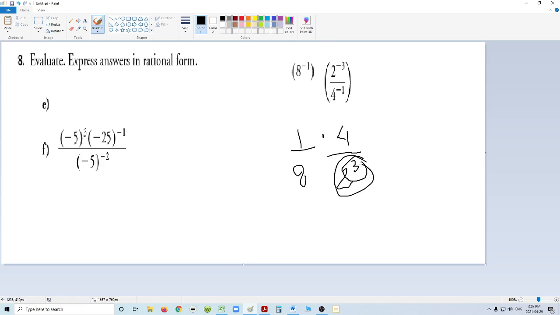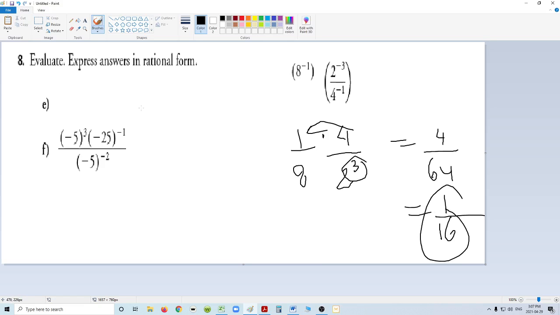You can either convert this to 8 or convert that to a power of 2, but let's just leave it like it is. 4 up top when it multiplies, and 8 times 8 is 64. They're both divisible by 4, and you get 1/16.